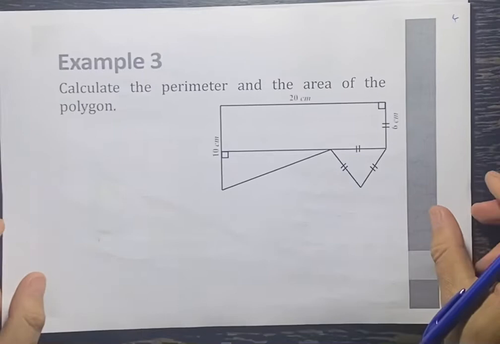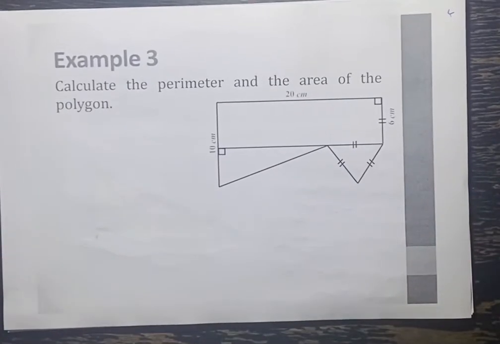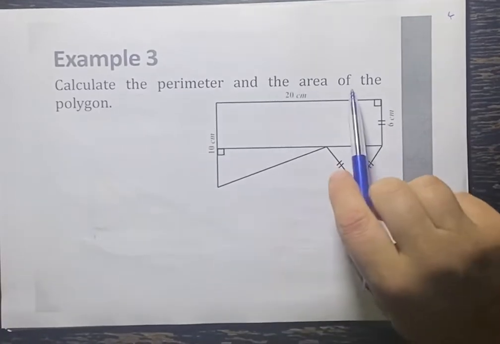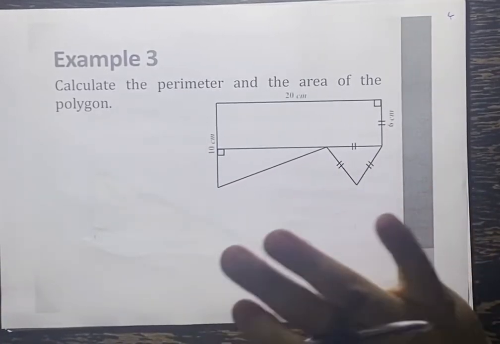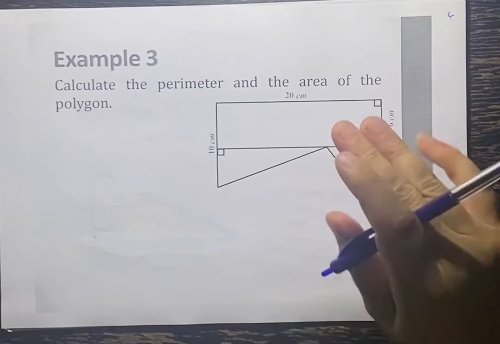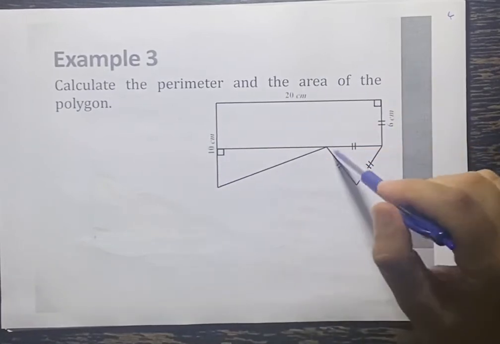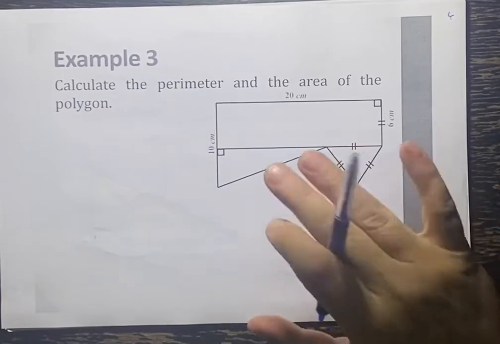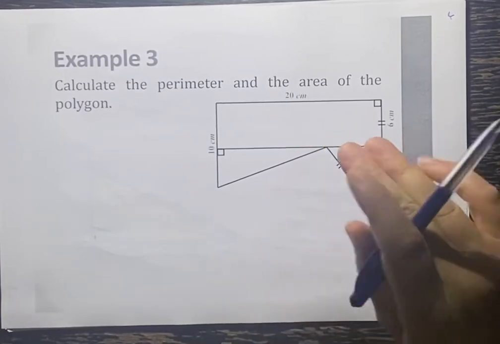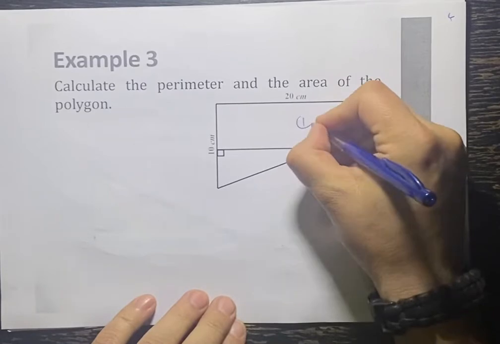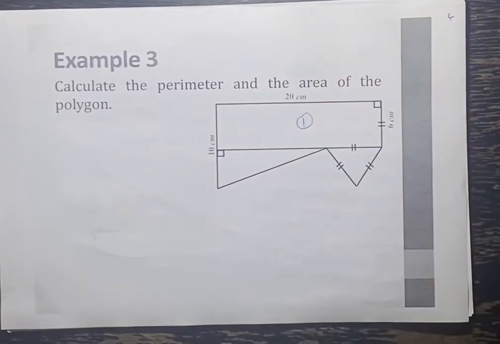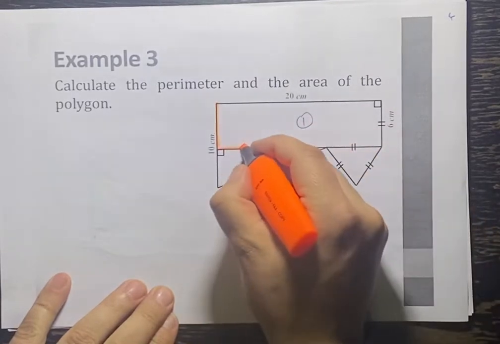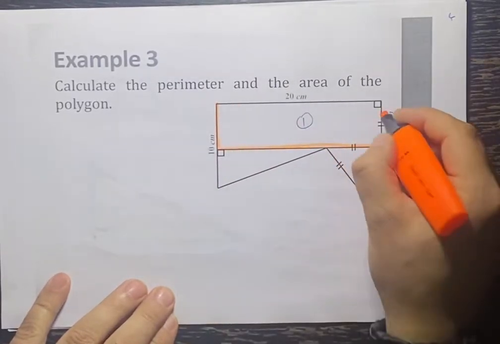Right, so let's have a look at example 3. Calculate the perimeter and the area of this polygon. Now, this is when it starts getting a little bit hectic because we don't really know what this shape is. But what I can do is break it down into shapes that we know. For example, I can call this one shape 1, and that can be our rectangle.